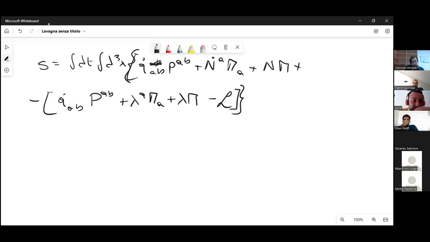But what we do here is that we cannot solve all the velocities for the momenta, or the other way around, because we have some primary constraints.